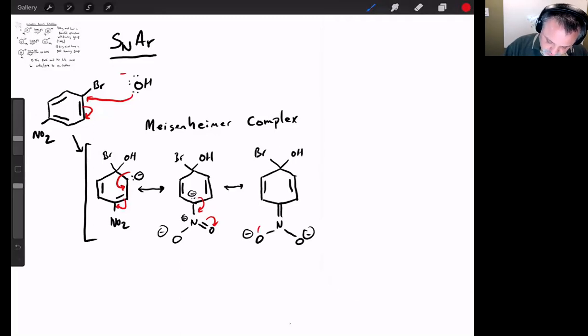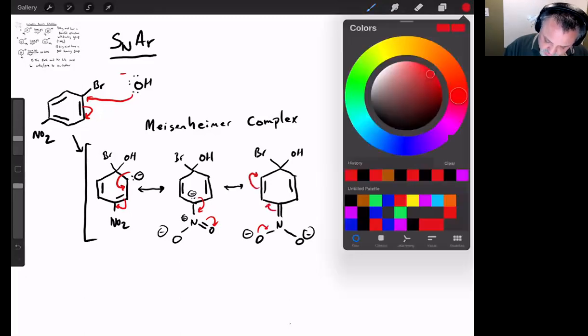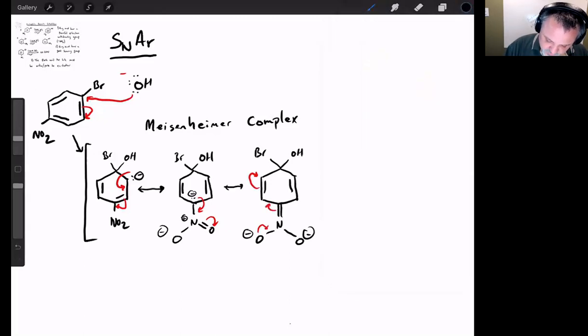Now I'm going to show an intermediate. I could show this by skipping that particular resonance structure that I'm drawing now and going right to the end, but I want to be somewhat consistent with what you guys may see in other locations.